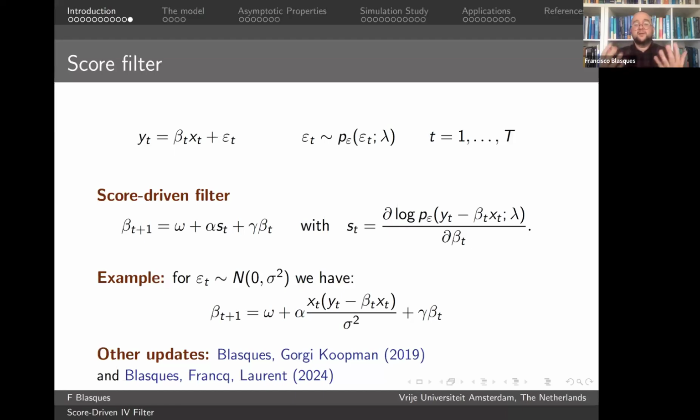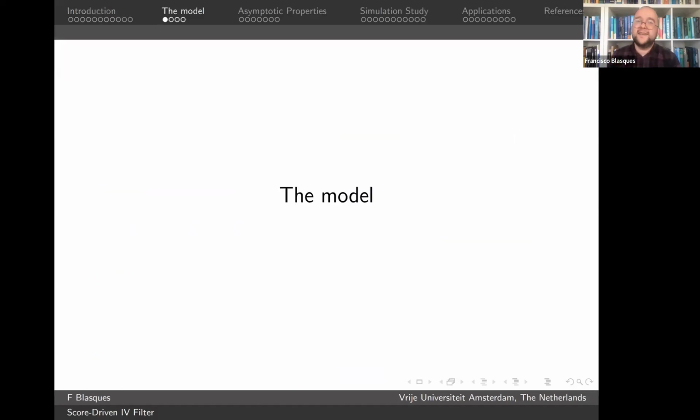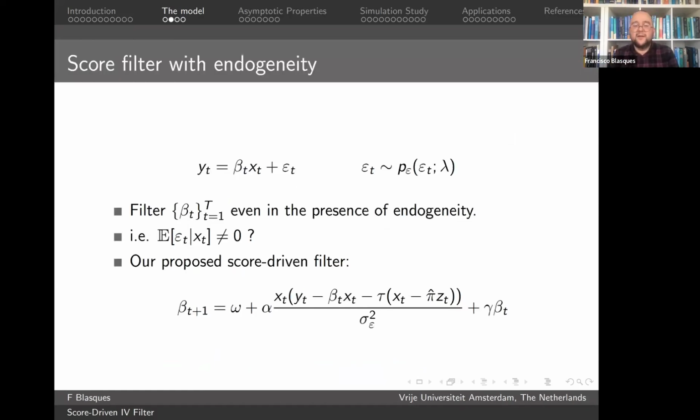And we will try now to use a score filter in a setting precisely where there is endogeneity. So I have to figure out a way of combining it with IV. With that in mind, I essentially turn to the model, or the score filter, that we propose in this paper.